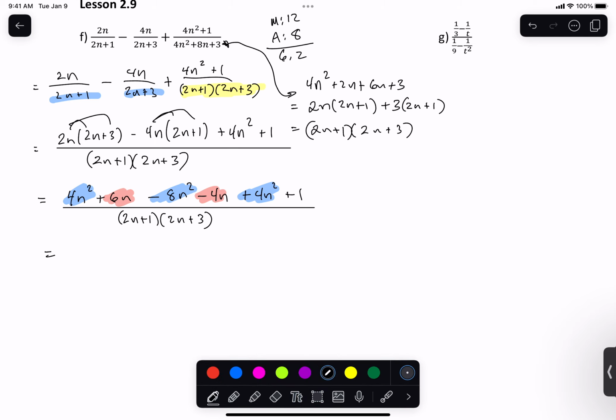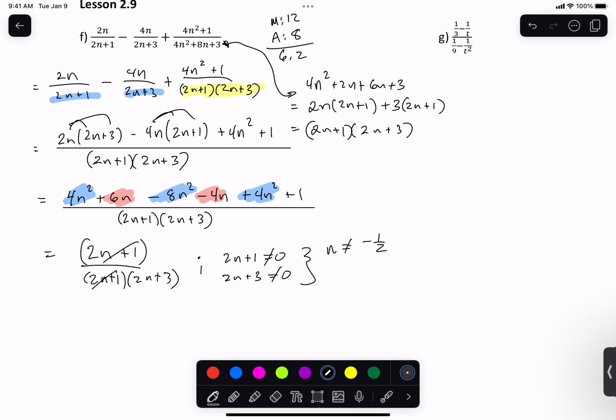There we go. Okay, so we get 0 for all the blue components, and I get 2n for the red components plus 1, over 2n plus 1 multiplied by 2n plus 3. But you have to state the restrictions. n can't equal what? 2n plus 1 can't equal 0. 2n plus 3 can't equal 0, which makes n can't equal -1/2, and n can't equal -3/2.